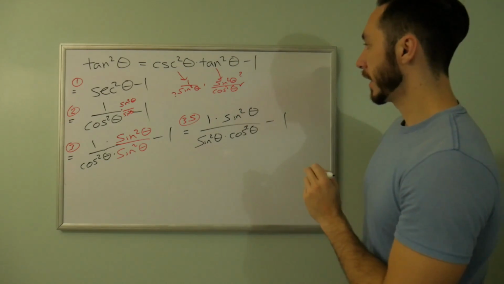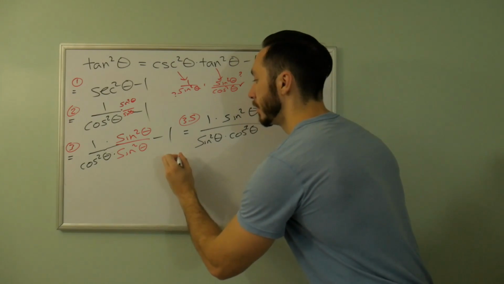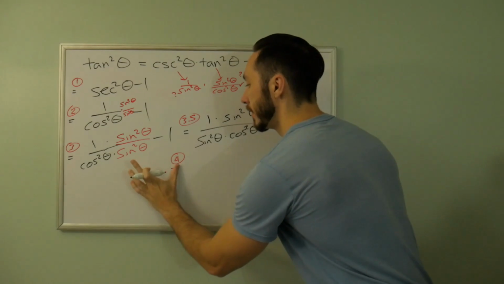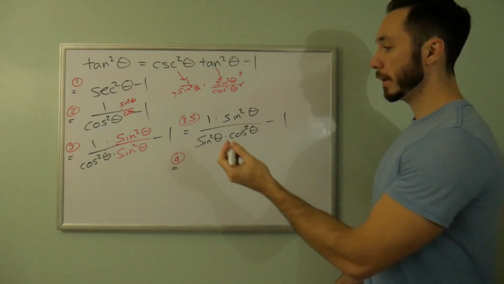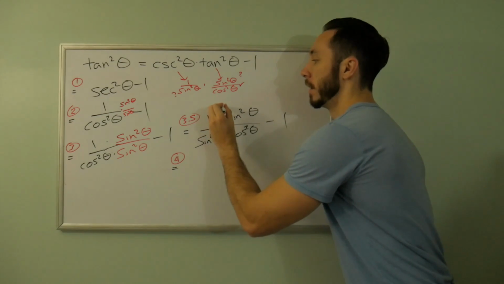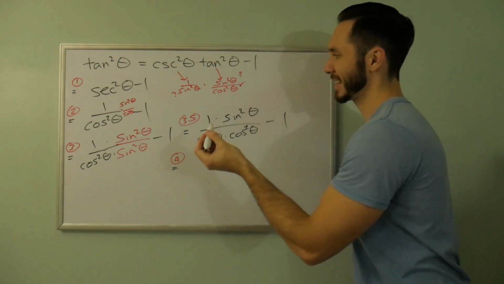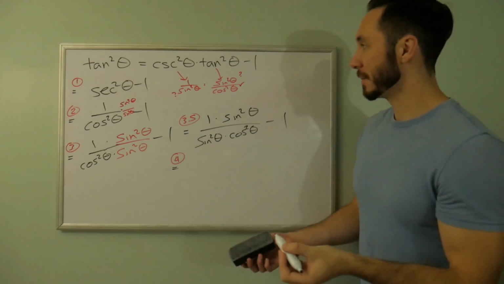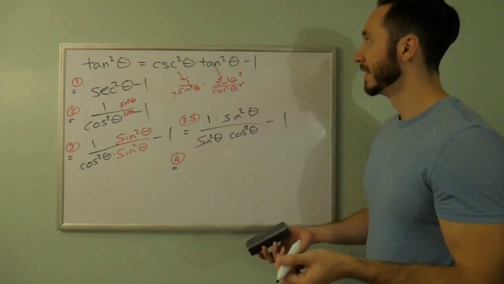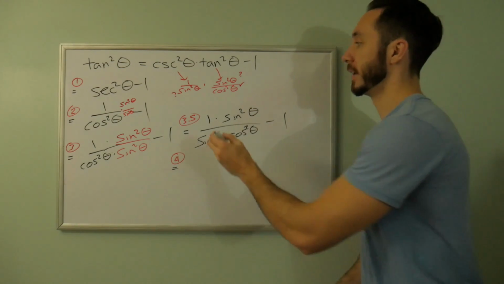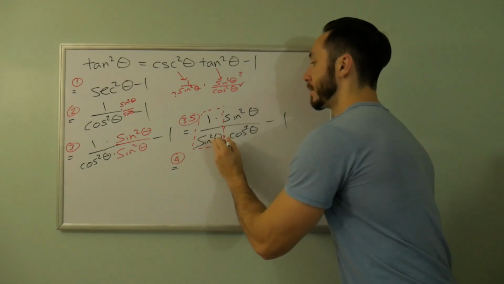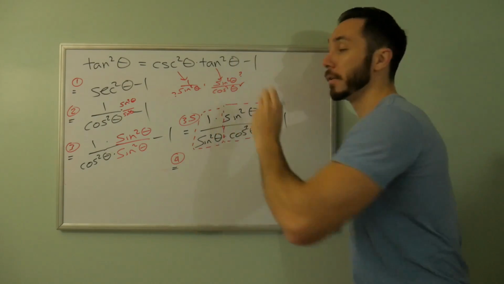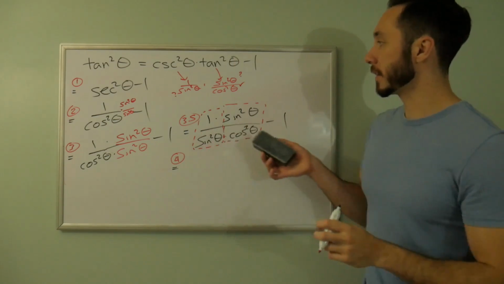So what am I looking at here? I'm looking at 2 final steps. So I'm going to say step 4. What do I notice about these 2 expressions now that I've reorientated the way that they're written?